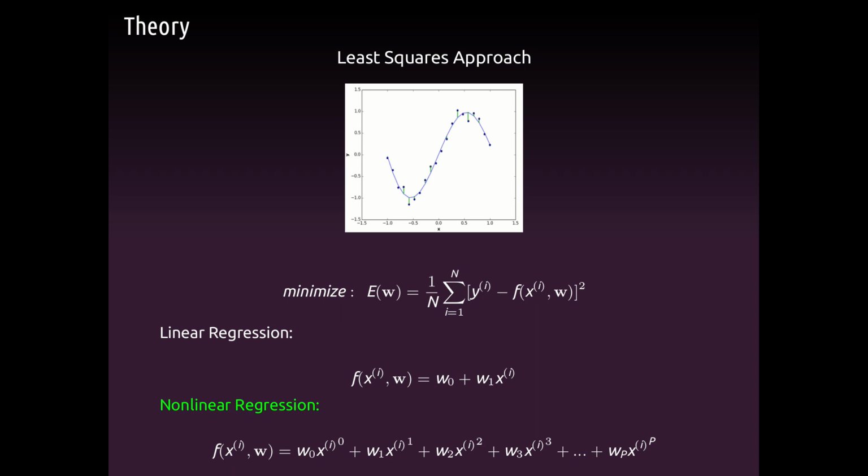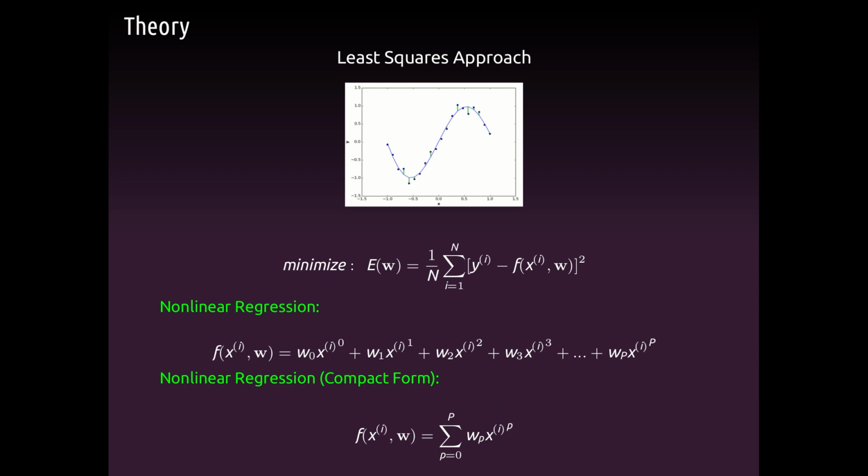So this is a flexible definition of the hypothesis function of nonlinear regression, where you can use as many levels of polynomial as you wish in order to fit your data.